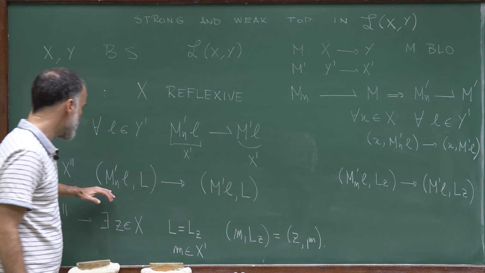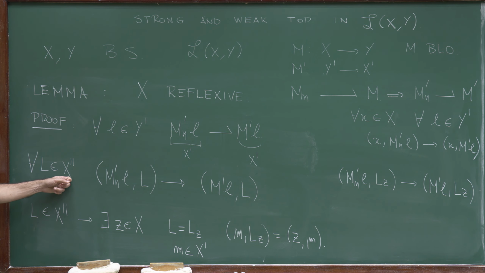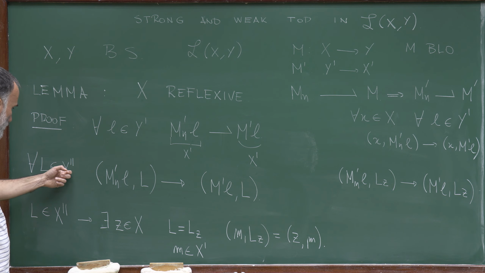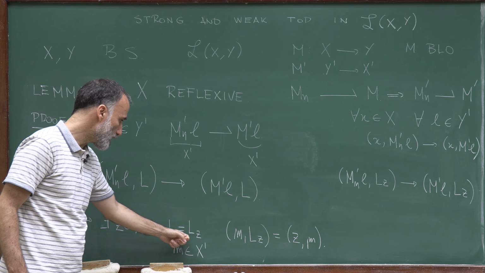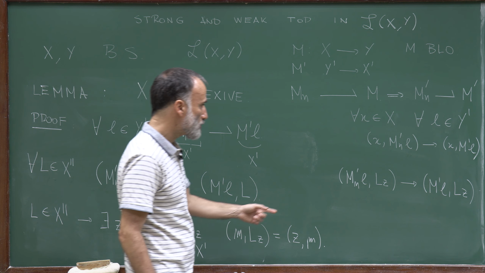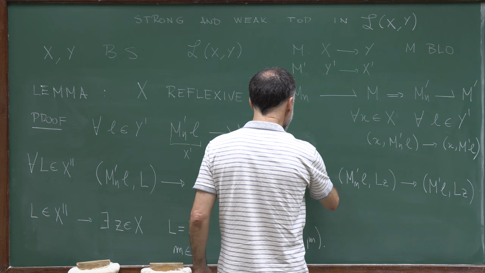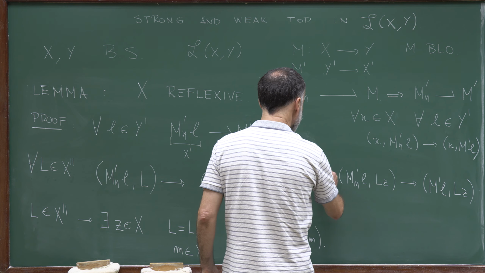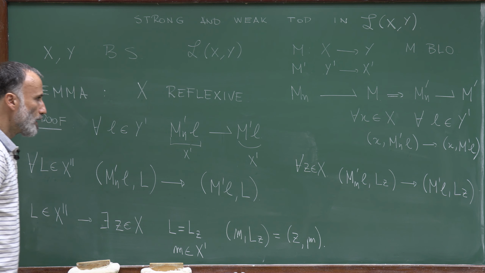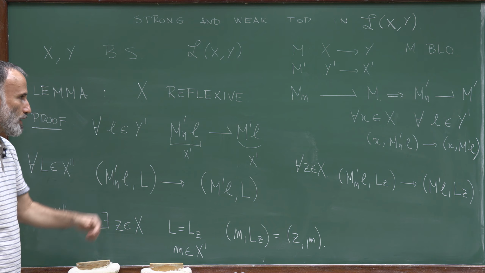Right? We have to show that this holds for all L in X double prime, but all L in X double prime are represented by some LZ. So actually what we really have to prove is that this convergence holds for all z in X and all L in Y prime.